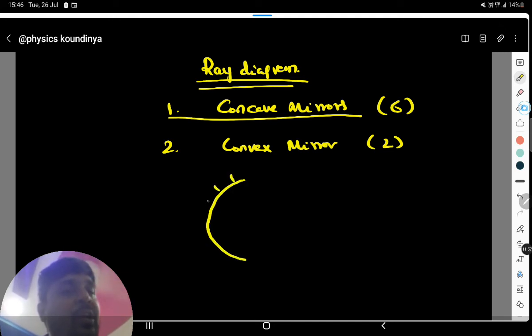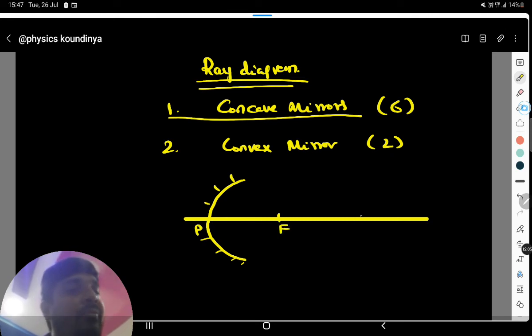So this is a concave mirror. Now we are going to see where we can place the object in front of the concave mirror. This is P, F and C. See, the first condition is we can place it at infinity. That means like sunlight, moonlight, very large distance.